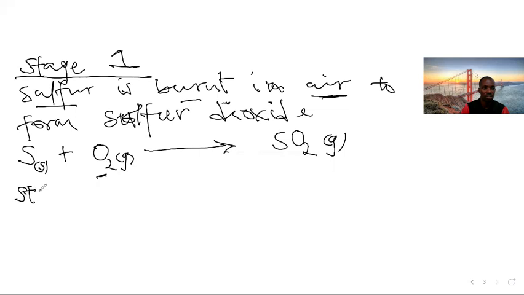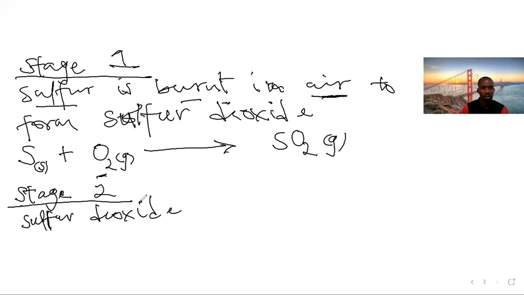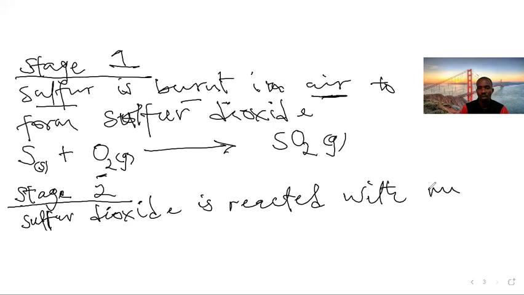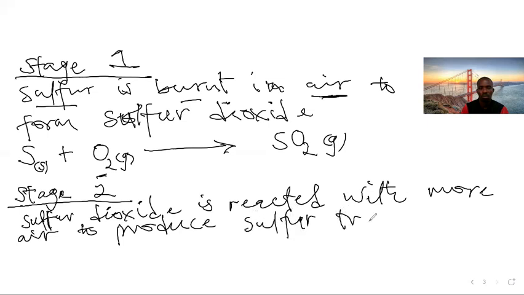Okay, so the next stage, stage 2. The sulfur dioxide from stage 1 is reacted with more air to produce sulfur trioxide.